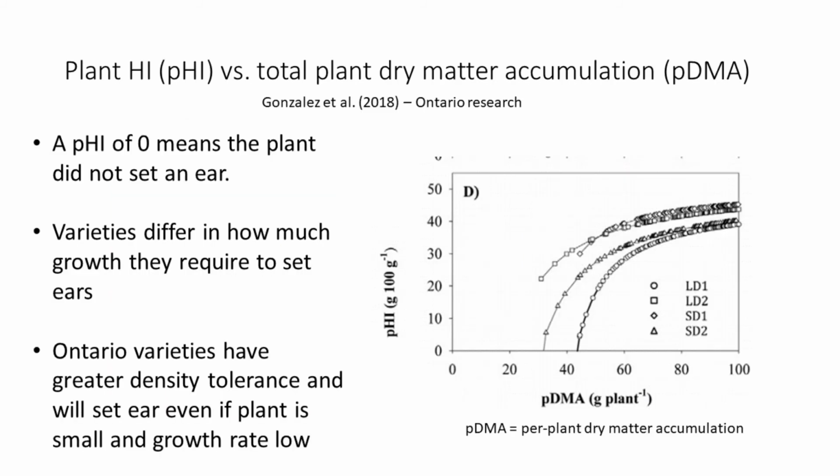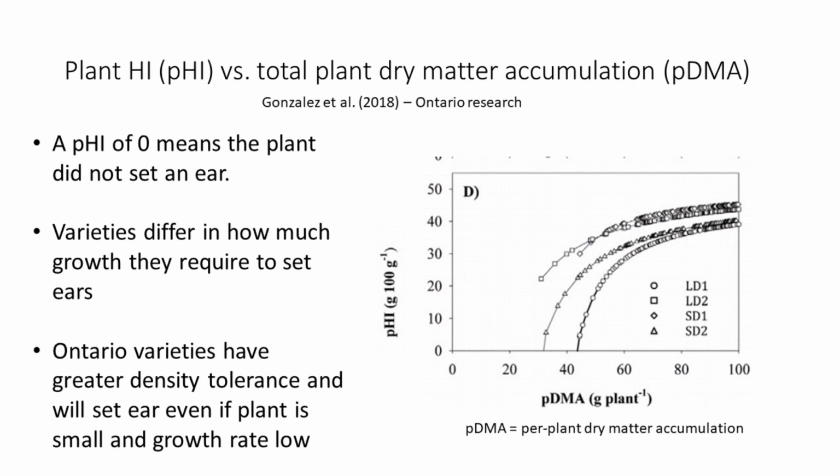So this is research, again, done in Ontario using Ontario corn genetics, done by my old office mate, Hugo Gonzalez, who's now working for Corteva in Argentina. What he did was he grew different genotypes of corn in Ontario, and he measured per plant dry matter accumulation and per plant harvest index.